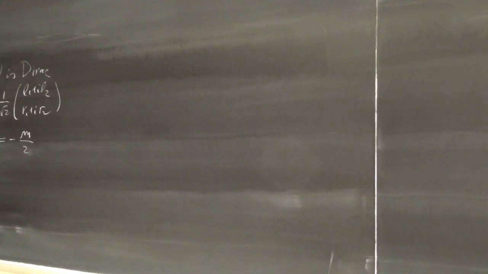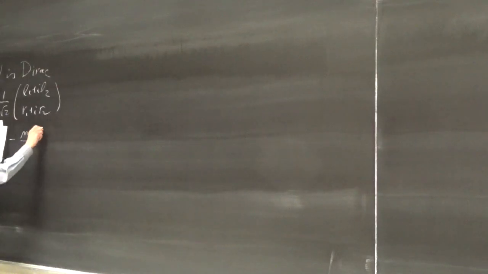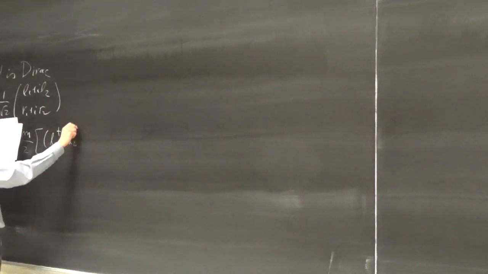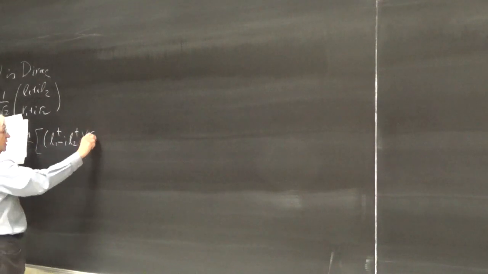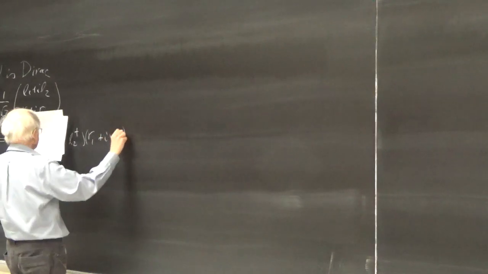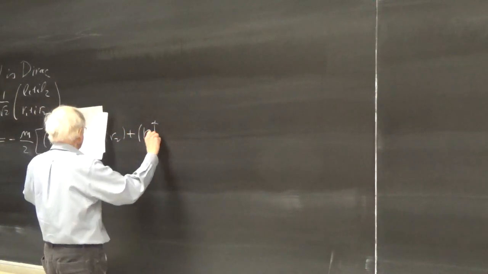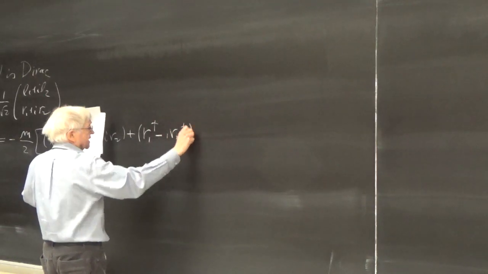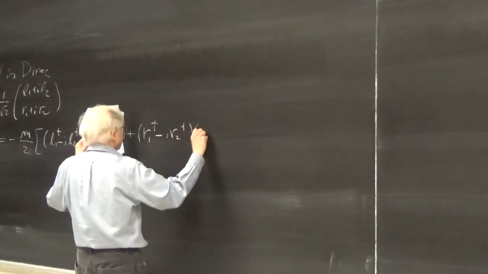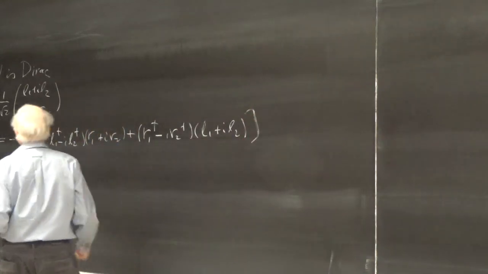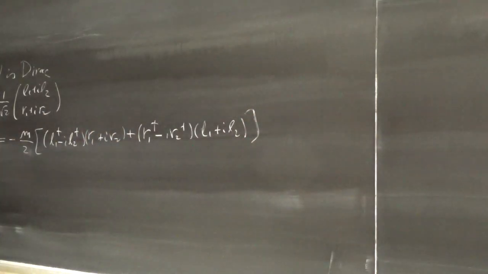So this coefficient here. This is then m over 2 times (L1 dagger minus i L2 dagger)(R1 plus i R2) plus (R1 dagger minus i R2 dagger)(L1 plus i L2). So this is then a Dirac mass term.